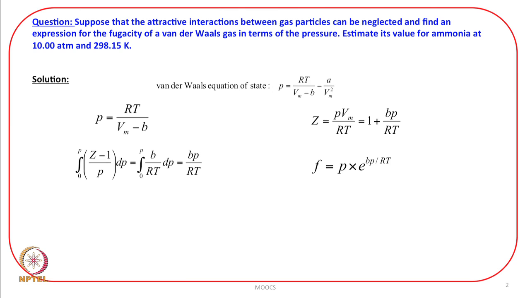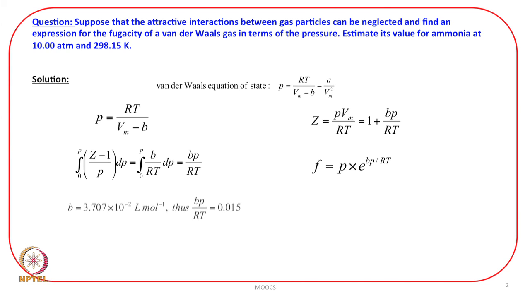Let us go back to the slide now. Therefore, f = P exp(bP/RT). Now, if I know the values of b, P, R and T, I can calculate the fugacity.